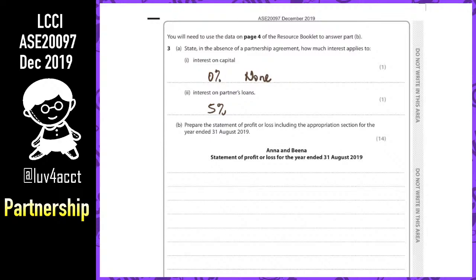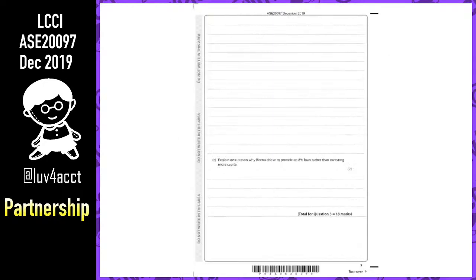It is according to the Partnership Act 1890, 5%. Interest on partner's loan or interest on partner's advances, the same thing. Prepare the statement of profit and loss, including appropriation sections. 14 marks. And then what else?